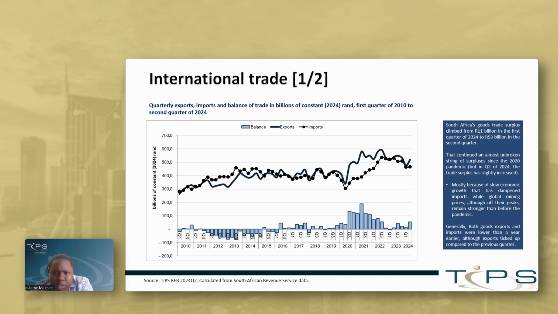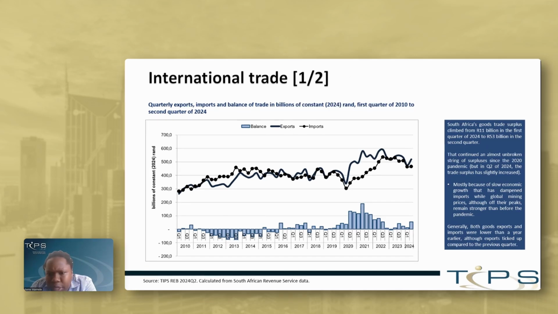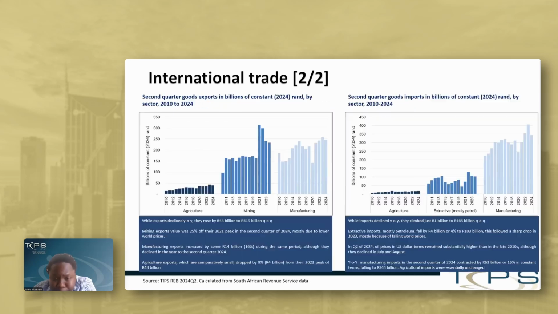But we've seen that in this quarter the trade surplus has slightly increased, as you can see from the graph, mostly because of slow economic growth and some of the other issues that I've mentioned in the last slides. Generally, both goods exports and imports were lower than a year earlier, though exports ticked up compared to the previous quarter.